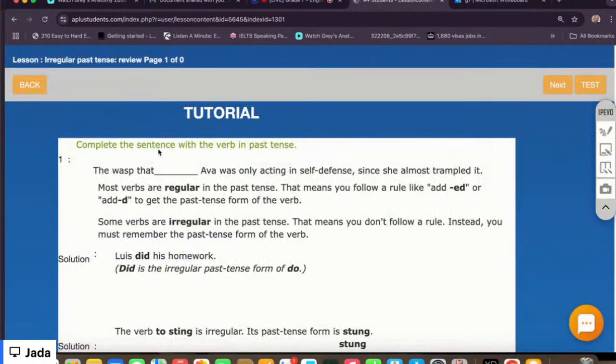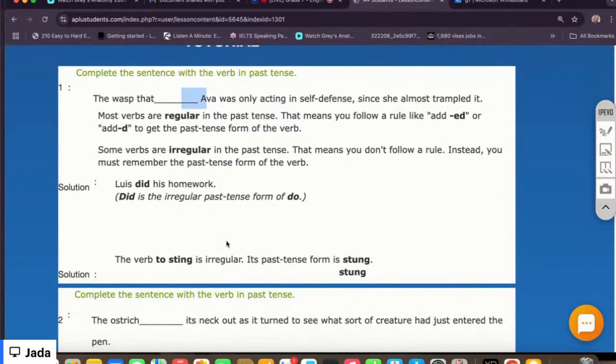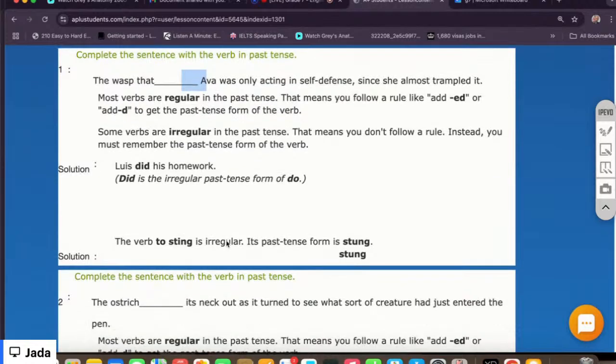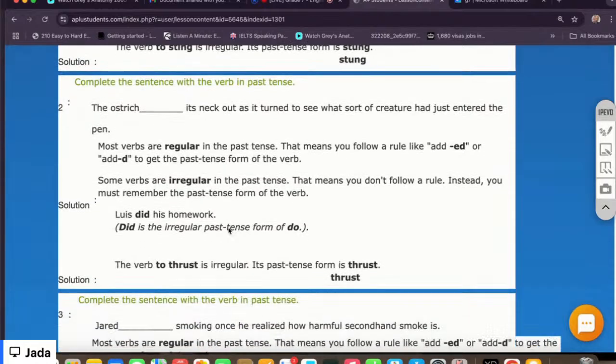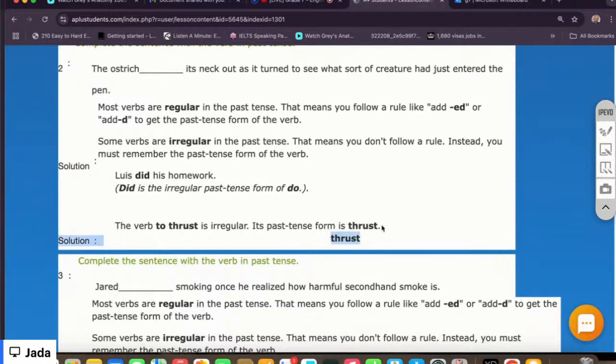It says to complete the sentence with the verb in past tense. So we already have this question. Ava was only acting in self-defense since she almost trampled it. So we have to look at it as the irregular, right? So you have to put the irregular past tense there. You have to take note and remember that. Depending on how the question comes, is it asking for past or present, you have to make sure that you answer the right question.